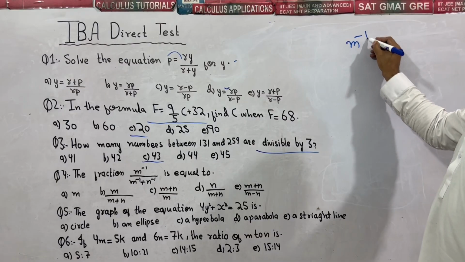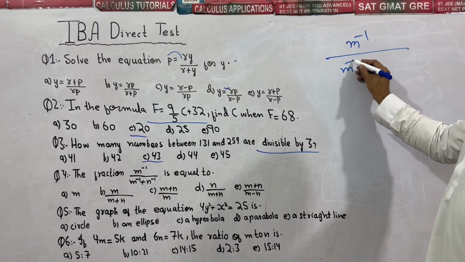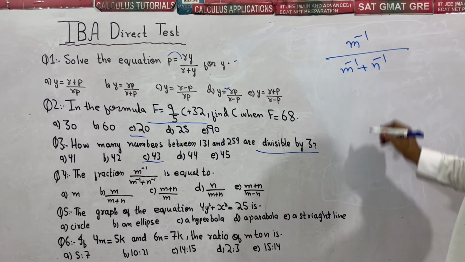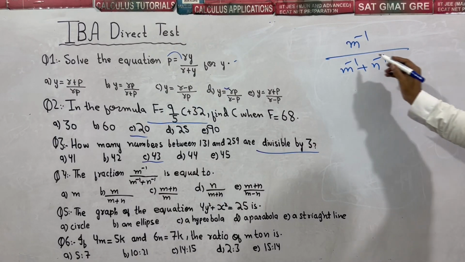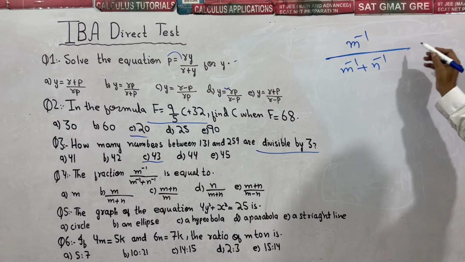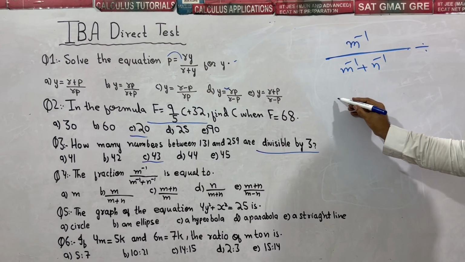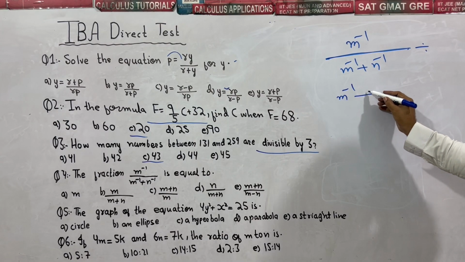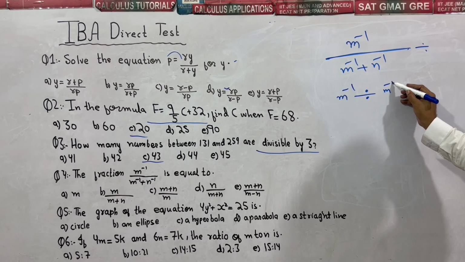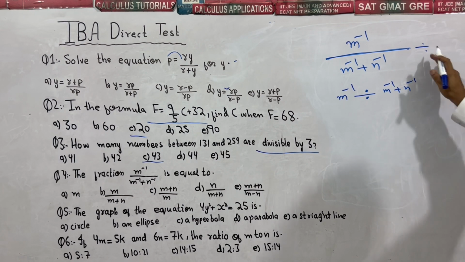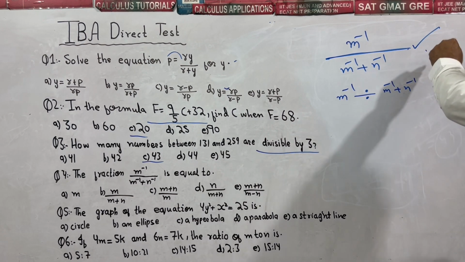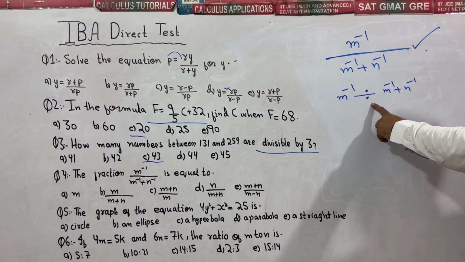m raised to minus 1 divided by m raised to minus 1 plus n raised to minus 1. Instead of the upon, I can write divide in that fashion. Instead of this overall upon, I have introduced division.